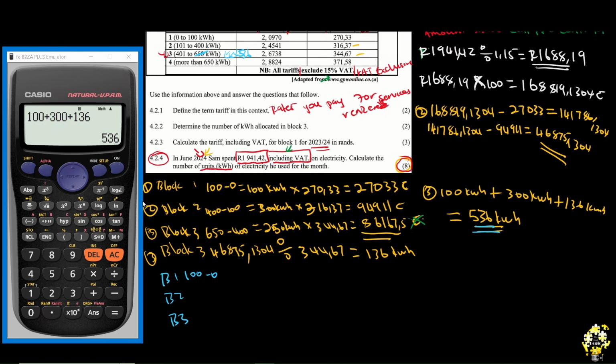And number 2, it was 400 minus 100, which gave us 300 kilowatts of electricity. We multiply by the rate, 0.37, and we got 94,911 cents.